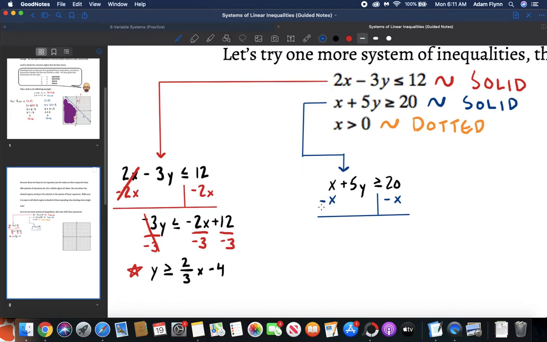When I do that, x minus x is going to cancel. So I am left with 5y is greater than or equal to negative x plus 20. At this point I can divide everything by 5 to isolate my y.